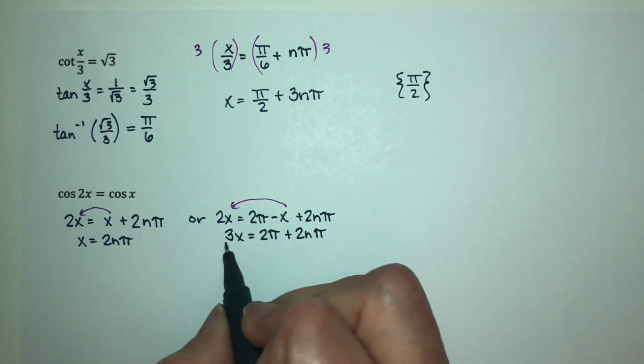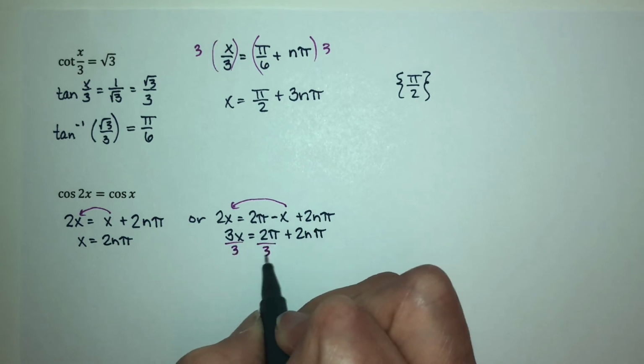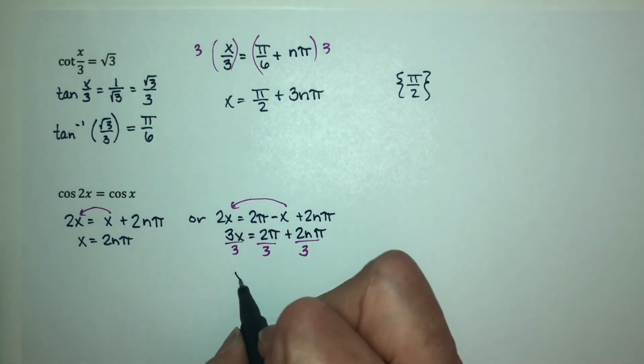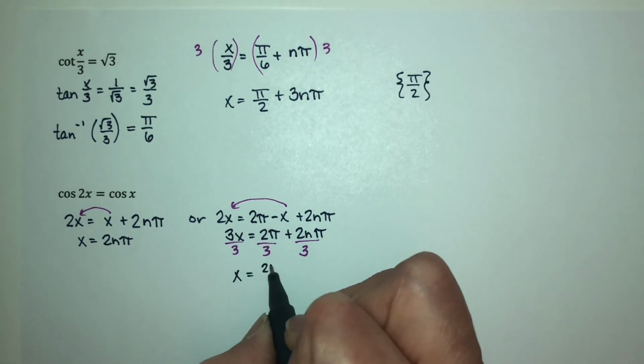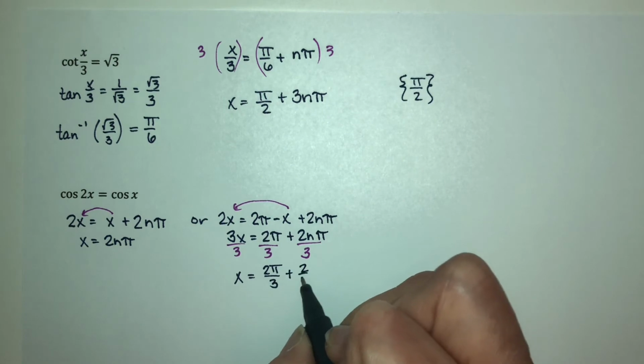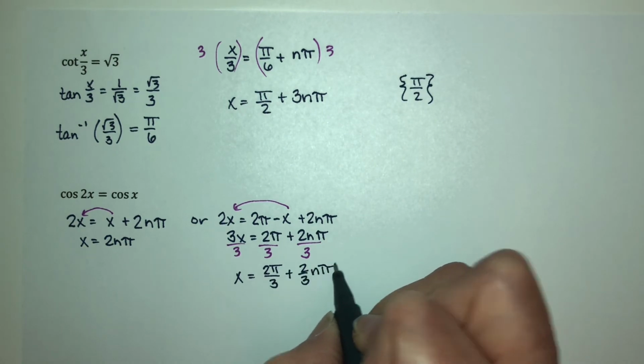And we need to divide everything by 3. So x is equal to 2 pi over 3 plus 2/3 n pi.